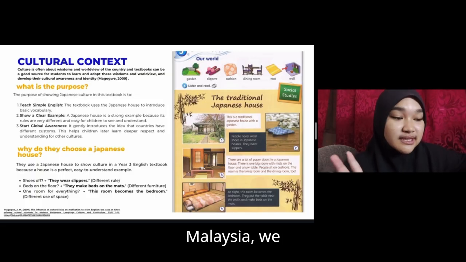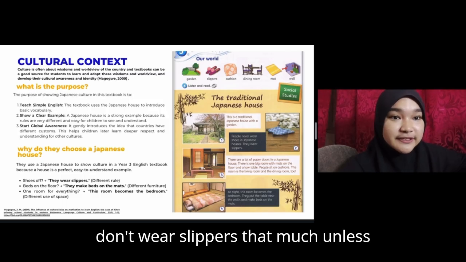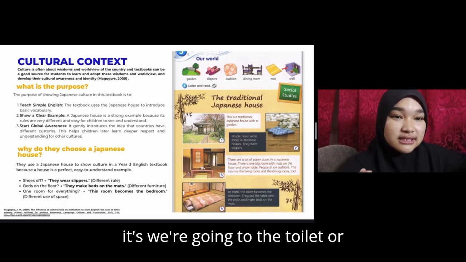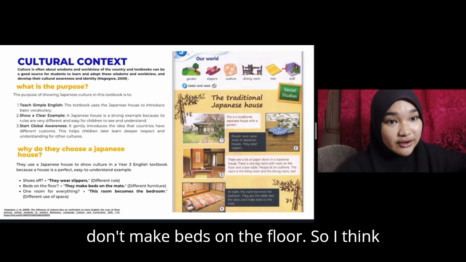Because as you can see, in Malaysia, we don't wear slippers that much unless we're going to the toilet or something like that, and we certainly don't make beds on the floor.